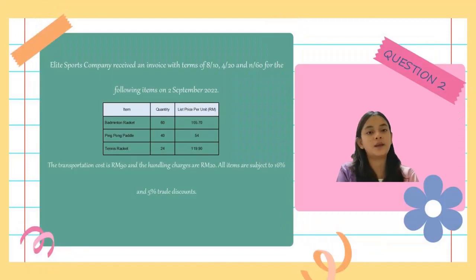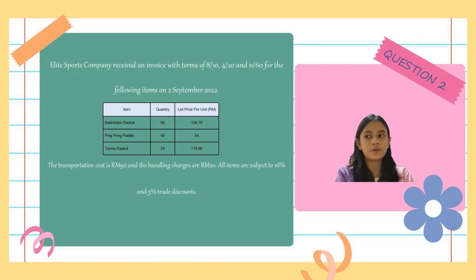Question 2a. Billy Sport Company received an invoice with terms of 8/10, 4/20 and n/60 for the following items on 2 September 2022.